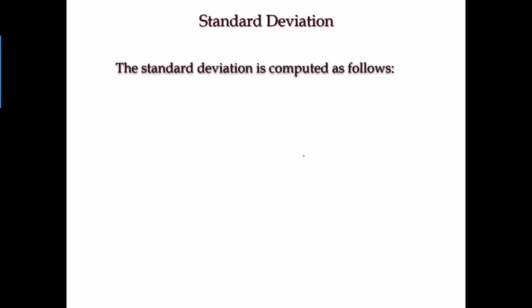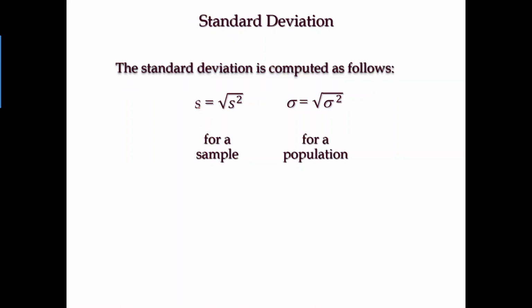So to put what I said into the formula, we are using the small s to represent the sample standard deviation. We're using this Greek letter sigma to represent the population standard deviation. So we are taking the positive square root.